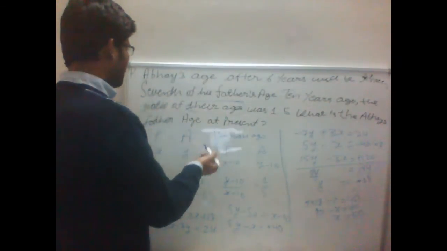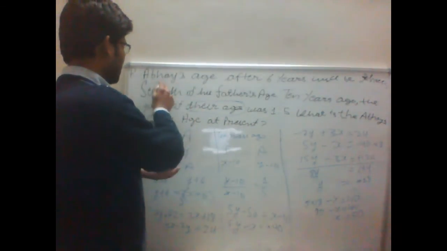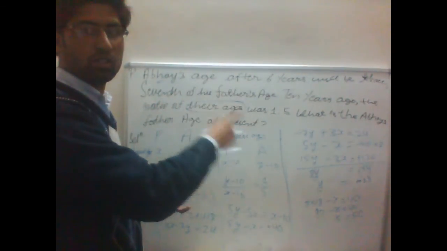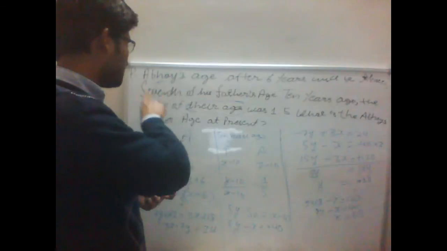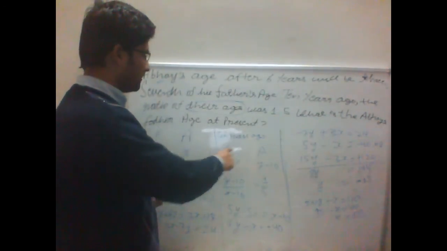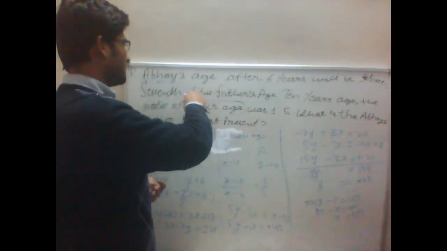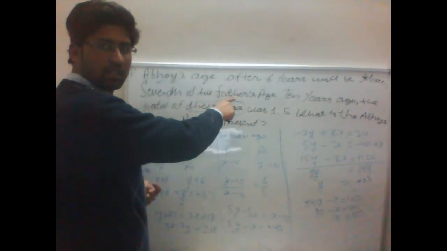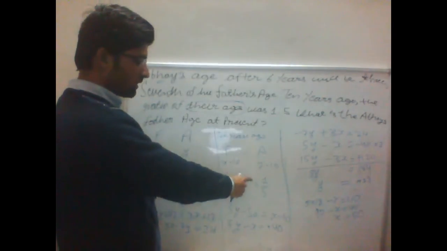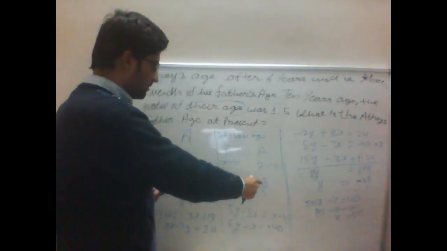The person who is given first, we have to take first, and the person who is given second, we have to take second. Who is given first? Abhay's age. So Abhay's age is y minus 10, take it here. Then the father's age is mentioned second, so we have taken x minus 10 down. Got it? It is equal to 1/5.